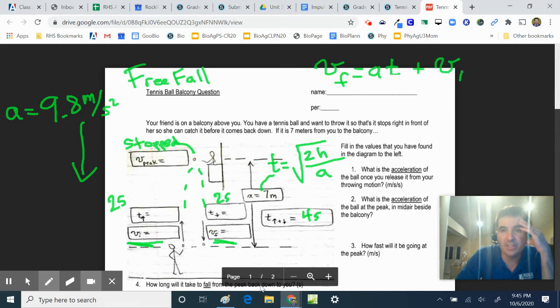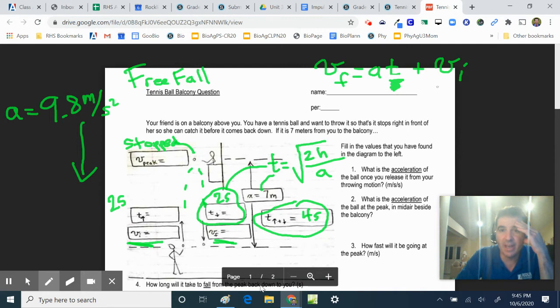And in this case, you're not going to use the whole T, meaning you're not going to use this T. There's ways that you could, but that's the harder way. You're going to use this T. Just find out how fast it will go if it falls, and that T will be that T.